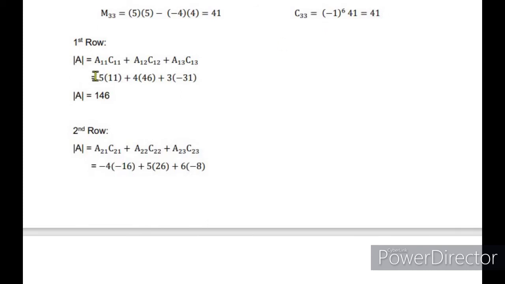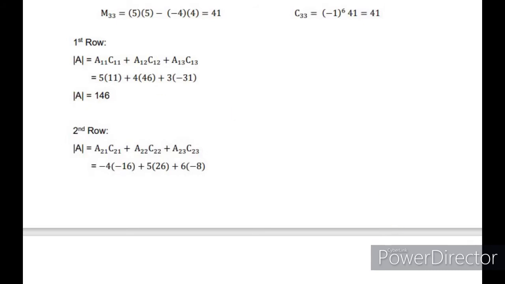So first, we will just multiply the first element to its cofactor. Then we will just multiply the second element of the row to its cofactor, as well as with the third element. Then we will just add them all. And now we got 146 as the determinant of matrix A with reference to the first row.